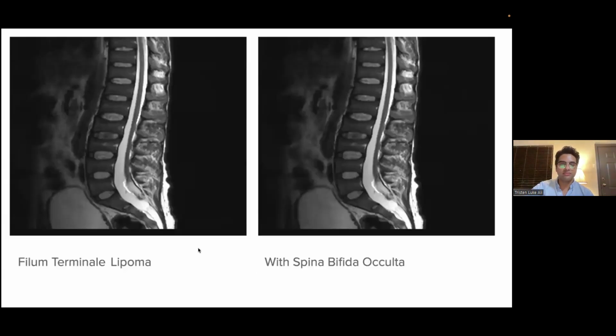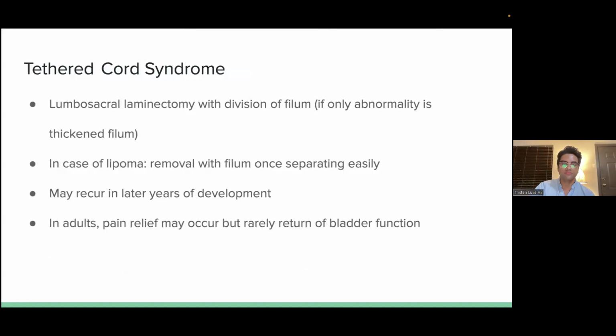So this is just a little representation of a tethered cord on sagittal MRI of the lumbosacral spine. On the left we can see a filum terminale lipoma, while on the right, spina bifida occulta. In terms of management, you can have a lumbosacral laminectomy with division of the filum if the only abnormality is a thickened filum.